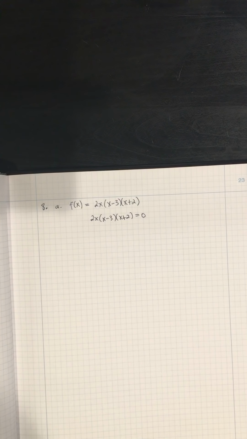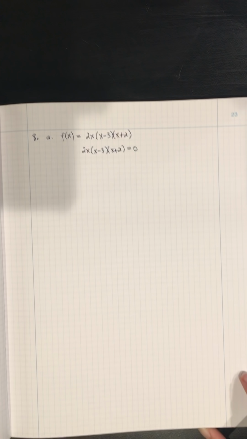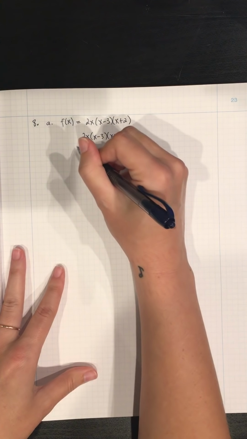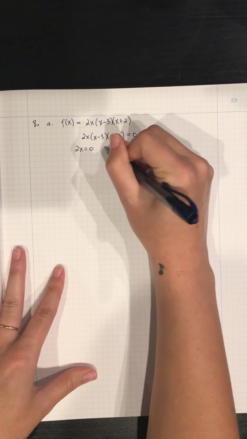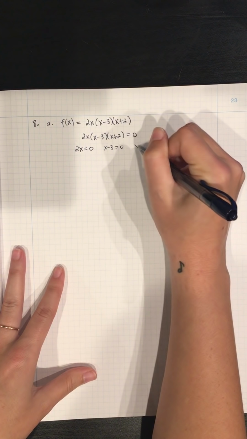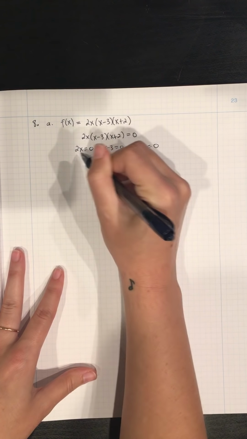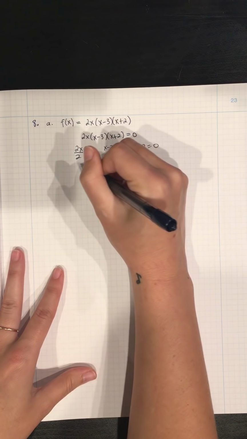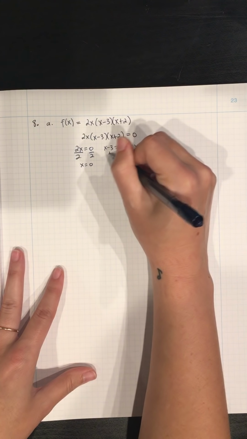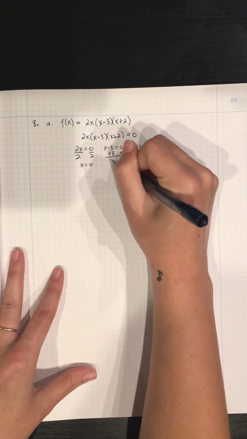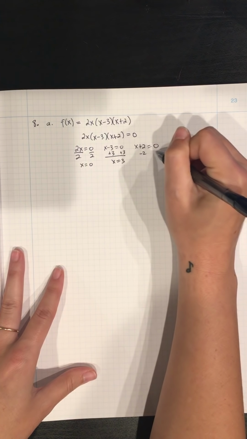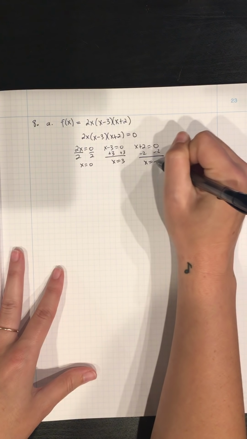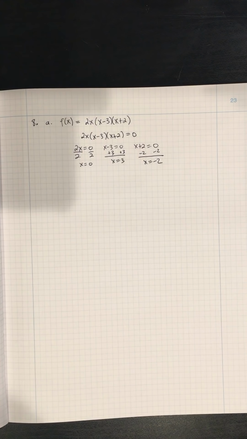Since these are all multiplying, this is all a product, I can use the zero product property, meaning I can set each of these equal to 0 and solve. So for this one, I'll divide by 2 and get x equals 0, I'll add 3 here, get x equals 3, subtract 2 here, get x equals negative 2.